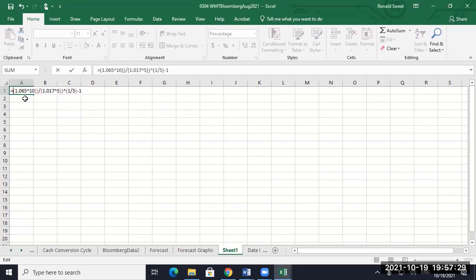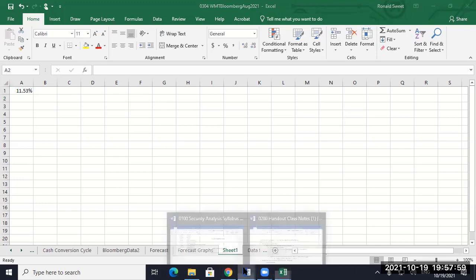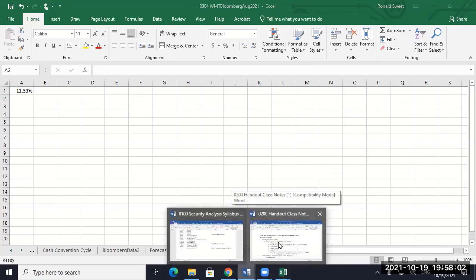All right, so I've got too many parentheses. Well, 10 minus 5 is 5, so that should work, right? I'm doing something wrong, and I don't know why. Somehow it doesn't recognize that, but that's the approach. I've got some typo in my formula.